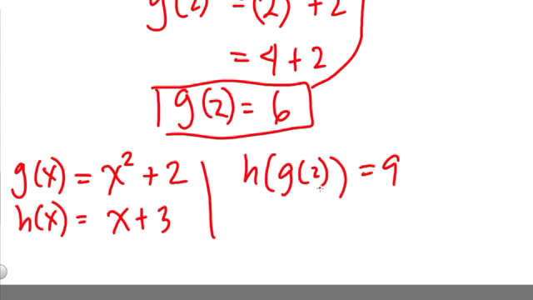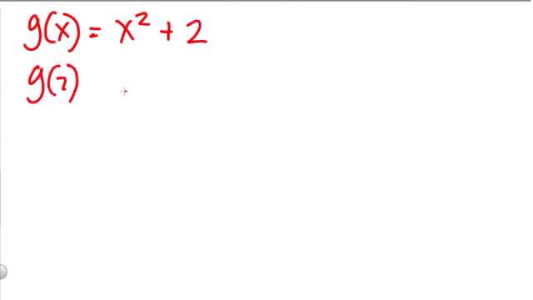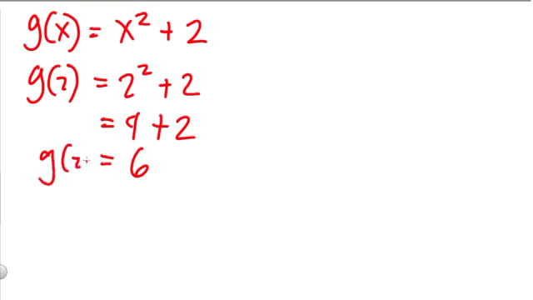We're going to check this using these two functions. Now let's see. If we have g of x equal to x squared plus 2, therefore g of 2 is equal to 2 raised to 2 plus 2, which is equal to 4 plus 2, and finally equal to 6. So we have g of 2 is equal to 6.